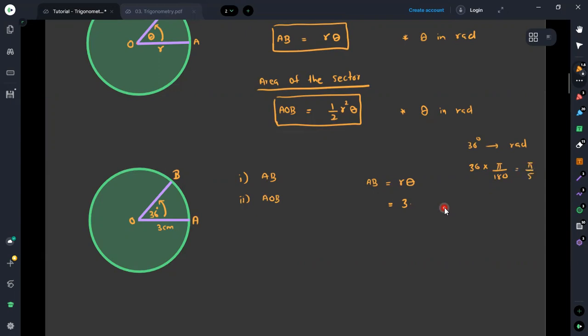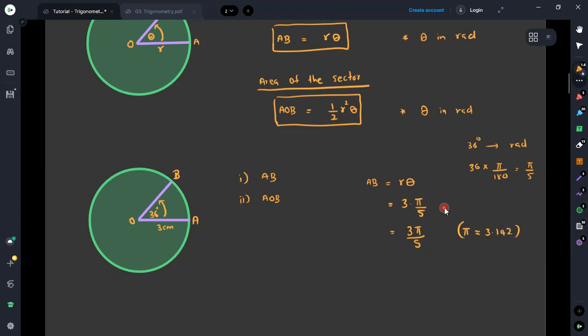Now we can substitute the radian measure equivalent to 36 degrees, which is pi divided by 5. Therefore, the AB length is equal to 3 times pi divided by 5. If you need, you can approximate pi as 3.142.